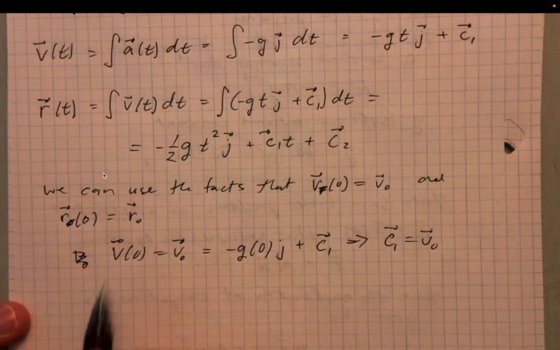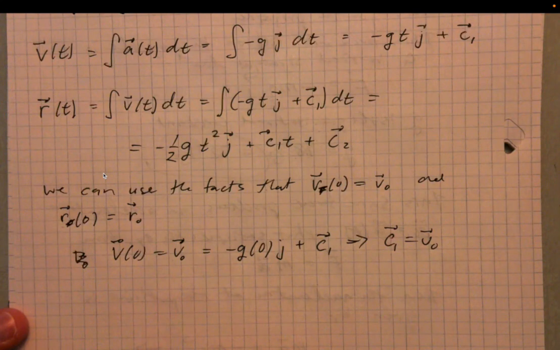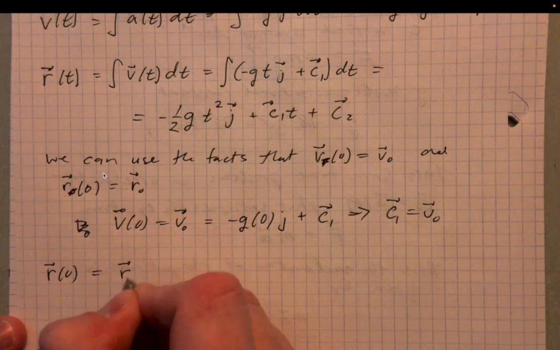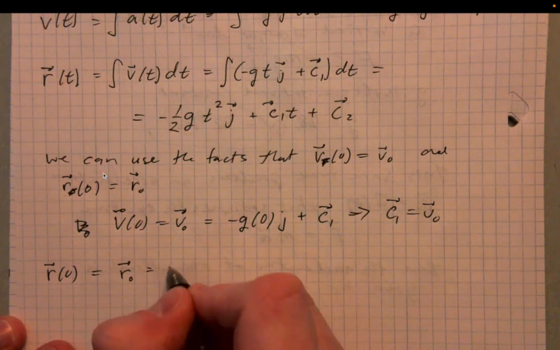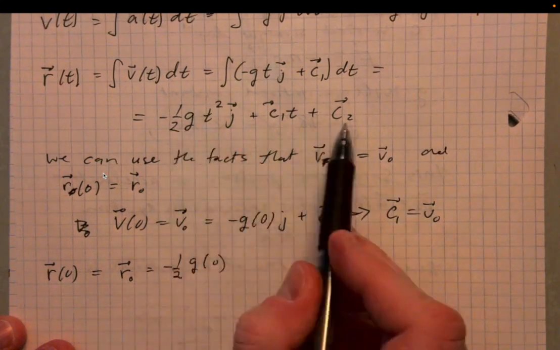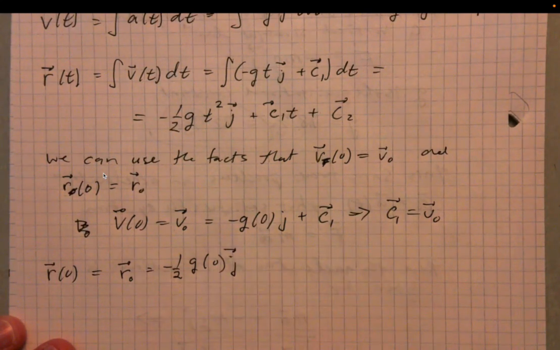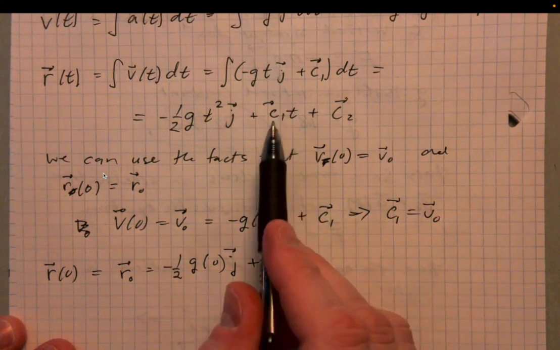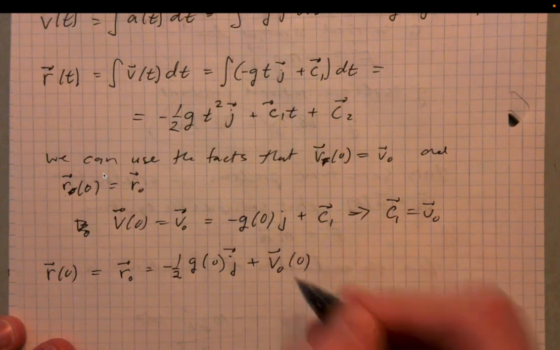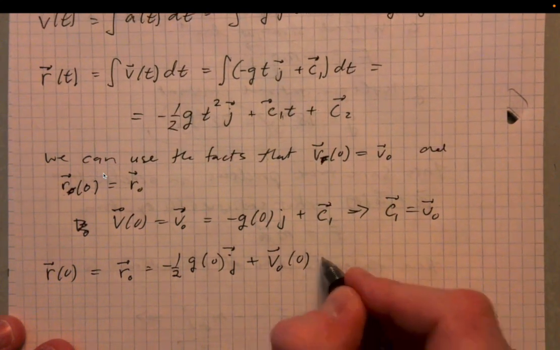Now we can use this piece in conjunction with this piece to figure out what c2 is. r of 0 we know is equal to r naught, which must be equal to negative 1/2 times g, and then t is 0, times the j vector, plus c1, which we just found to be v naught, times t, which would be 0, and finally plus c2.